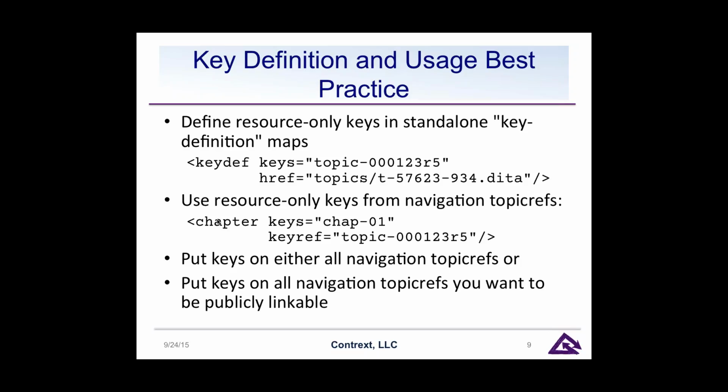Public in the same sense as a public API, for example. It's a contract between you and the users of your content as to what things are going to be maintained and kept consistent from release to release.